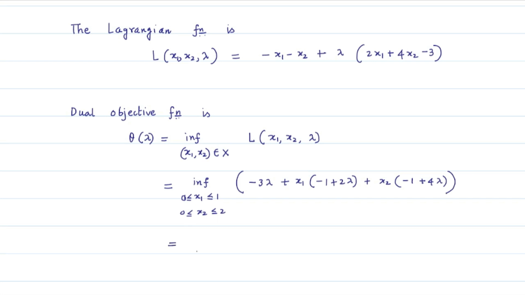And therefore this expression can be written as minus 3 lambda, which can be brought out of this infimum because minus 3 lambda is not dependent on x1 and x2, plus infimum over x1 in between 0 and 1 of the expression x1 times minus 1 plus 2 lambda, plus infimum over x2 in between 0 and 2 of the expression x2 times 4 lambda minus 1.